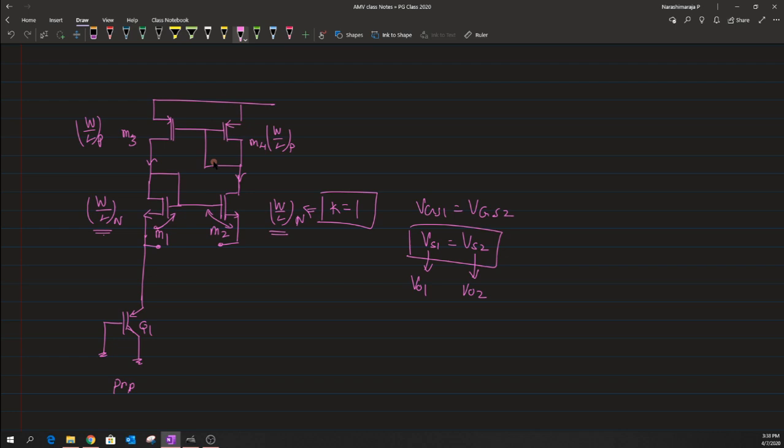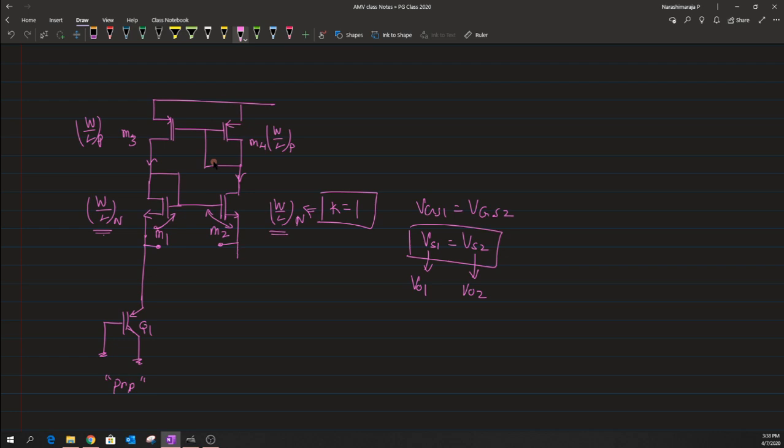This transistor in general is compatible with the CMOS technology, and we have used the CMOS transistors at the top to establish this supply independent current source.